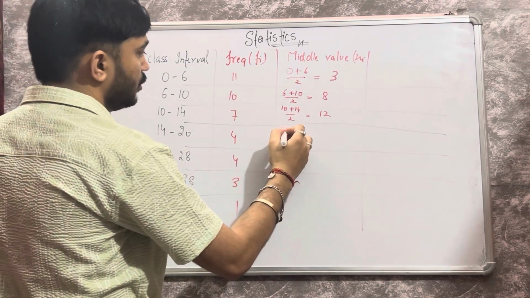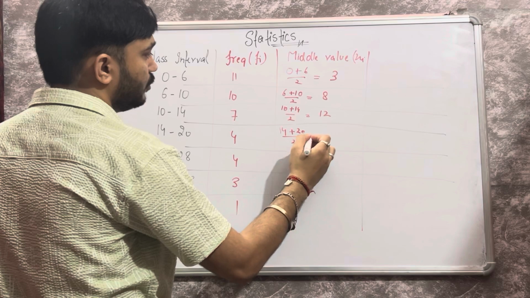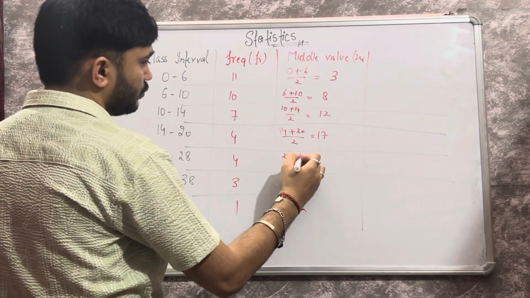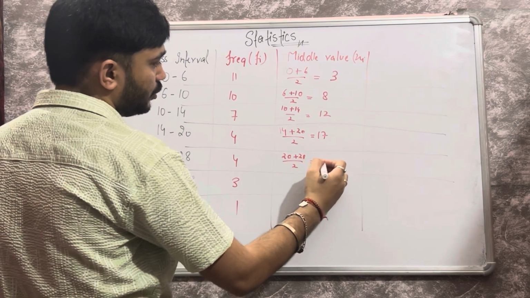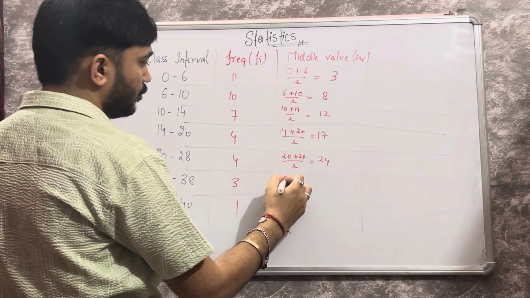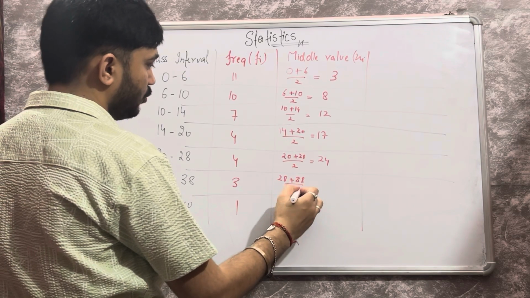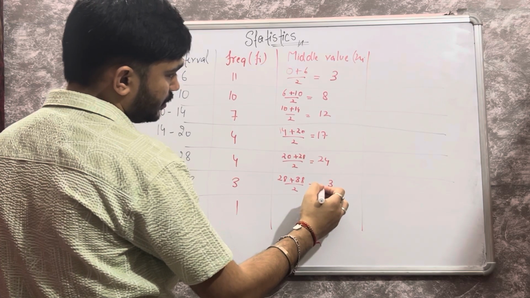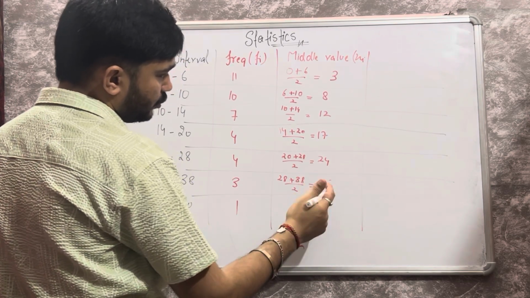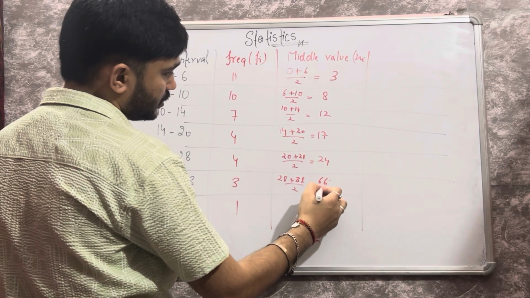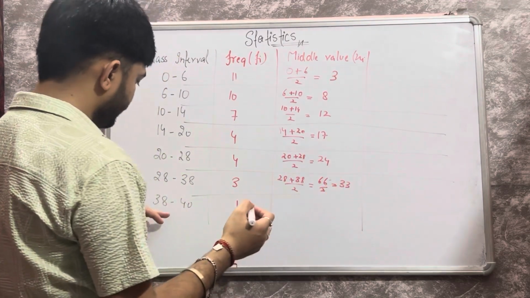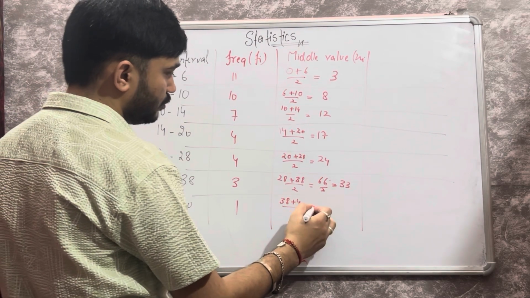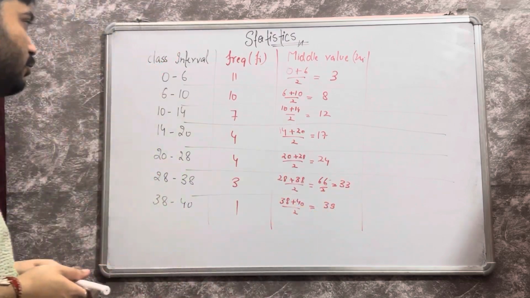So here 14 plus 20 divided by 2, that is 34 divided by 2, it is 17. 20 plus 28 divided by 2 is going to be 24. 28 plus 38 divided by 2 is 66 divided by 2, that is going to be 33. And 38 plus 40 divided by 2 is going to be 39. Any doubt?